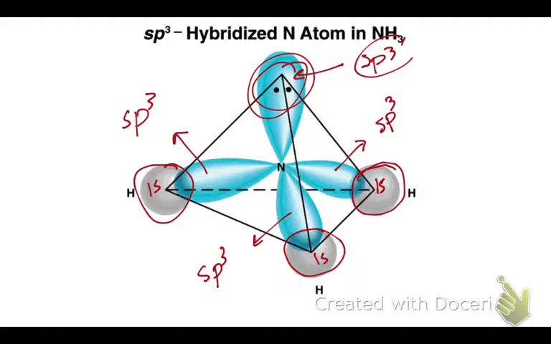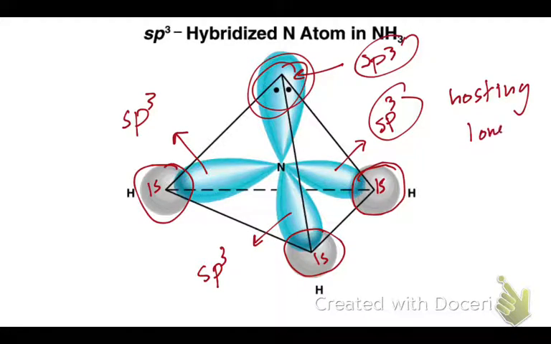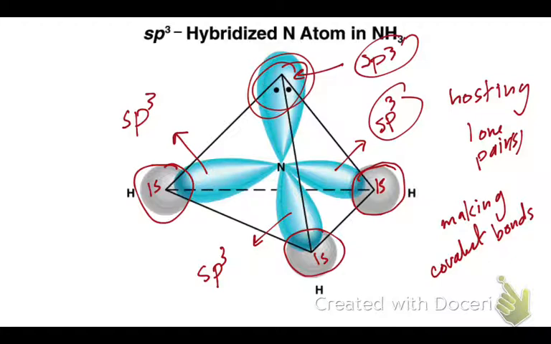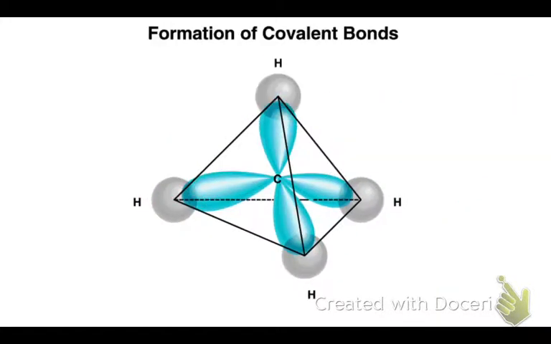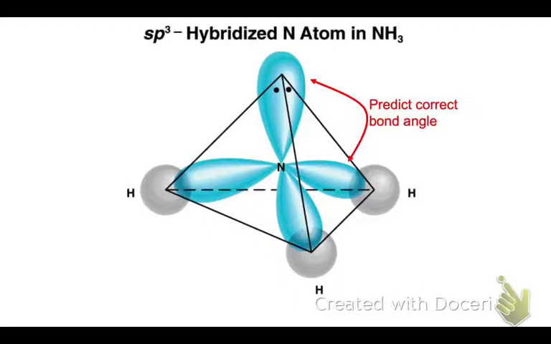So the hybridized orbitals are either hosting a lone pair, or pairs, depends, or they are making covalent bonds. All right, so again, this predicted the correct angle in ammonia.